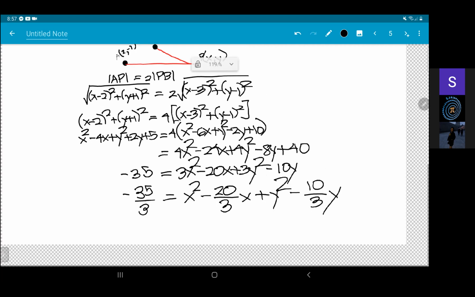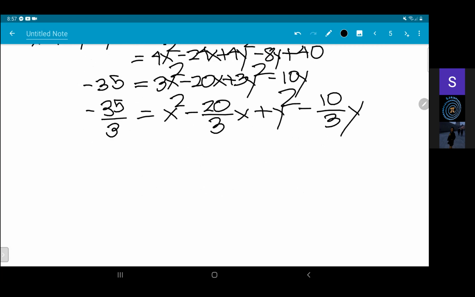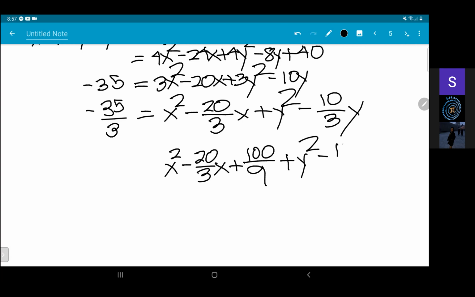Then complete the squares. So we add 20 over... 10 over... Then 5 over 3.